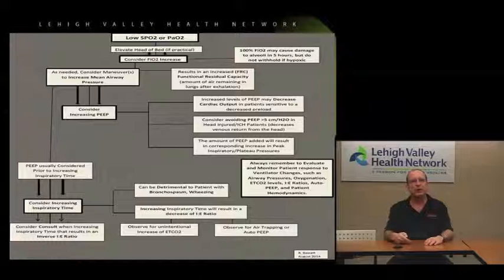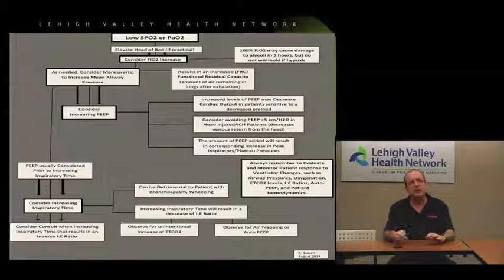Now the only problem with that, or one of the problems with that, is it may decrease the cardiac output. I've mentioned that just a little bit. So that's going to be more patients that are sensitive to a decrease in preload, or the amount that's going into the right side of their heart. So that might be maybe the patients that are a little bit on the dry side, maybe have a little bit of right heart failure.